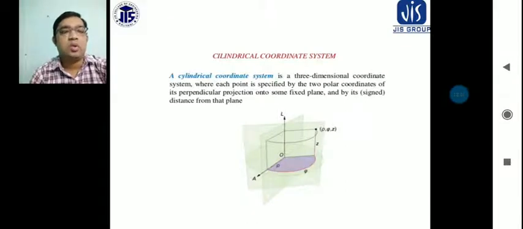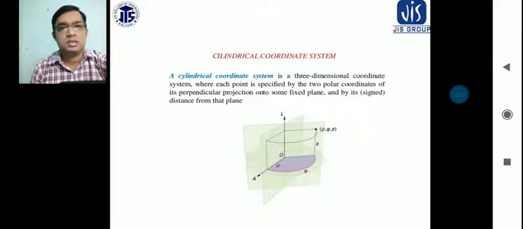And the cylindrical coordinate system is a three-dimensional coordinate system, so you have to consider three dimensions: r, theta, and z.